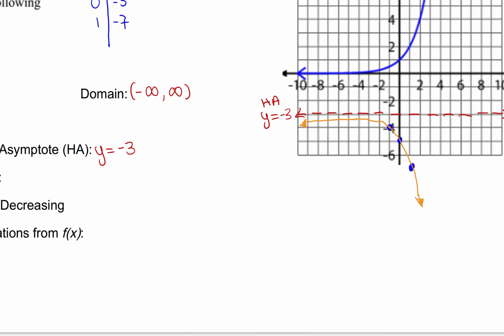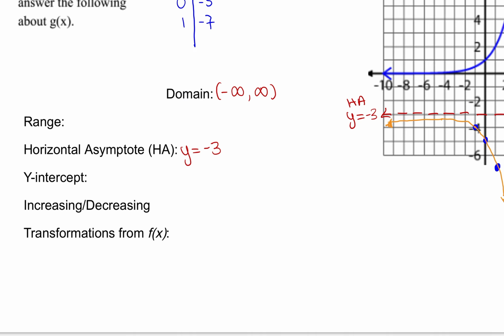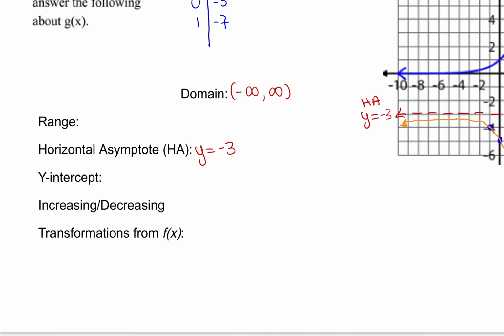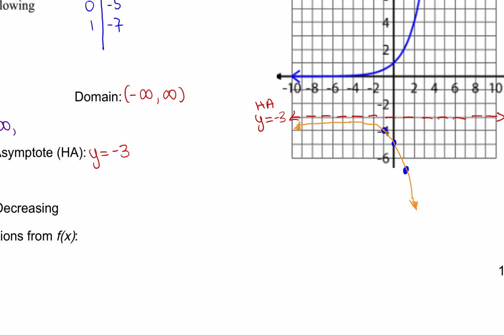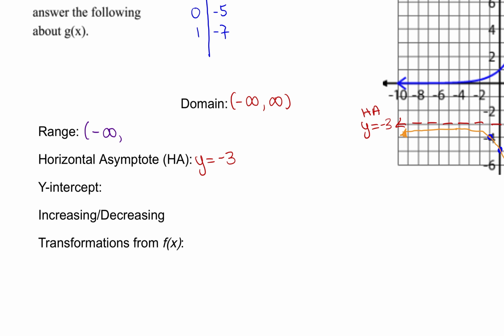Do I have a graph in the bottom? Yes, I do. So hence, that's going to be represented by -infinity, comma. And then do I have a graph on top? No, I do not. But I do have a stopping point at y equals -3.